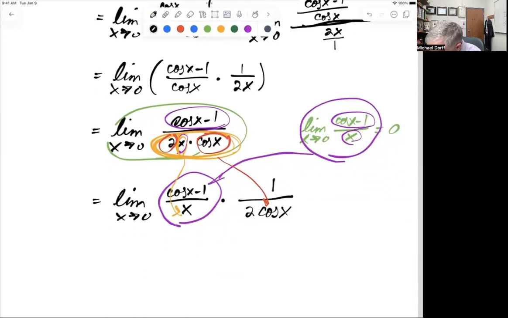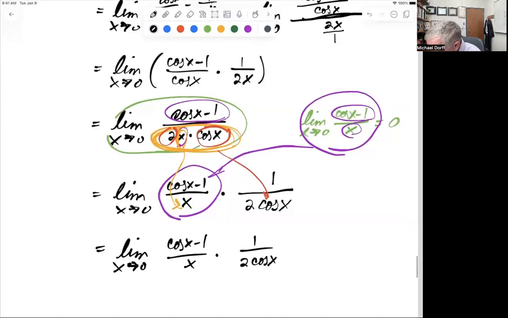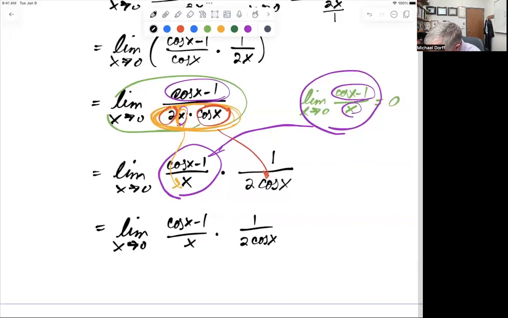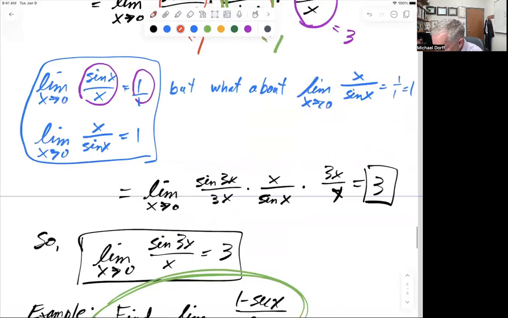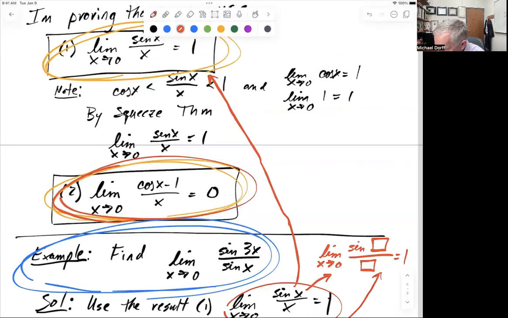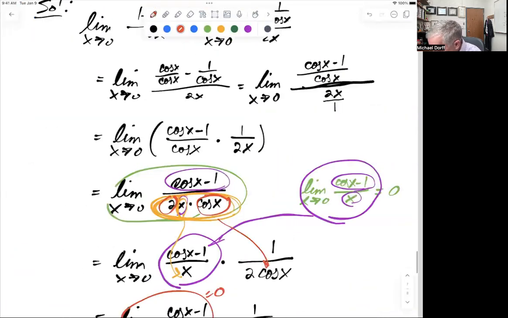All right, now what are these limit values? Let me rewrite it so it's a little bit clearer. I've got the limit as x goes to 0 of cosine x minus 1 over x times 1 over 2 cosine x. Now we do direct substitution, or we can use the limit laws. This limit here is equal to 0 by limit law number 2 that we had up here in orange. That gives me 0.